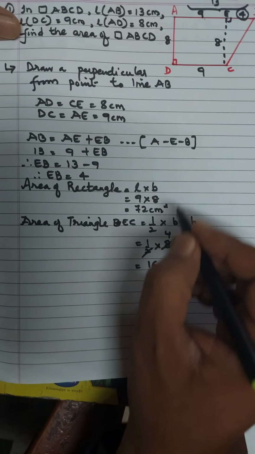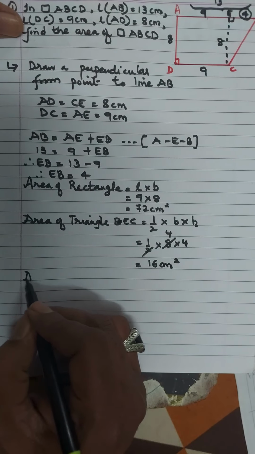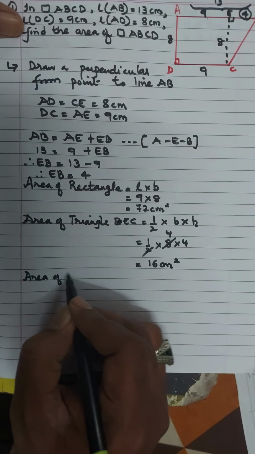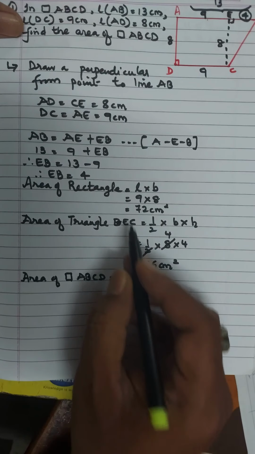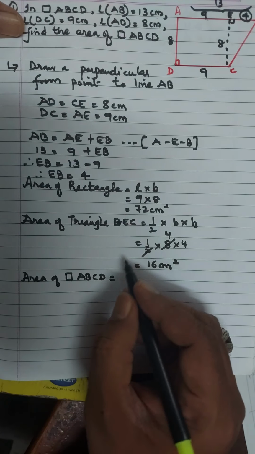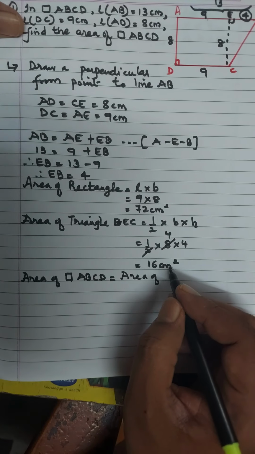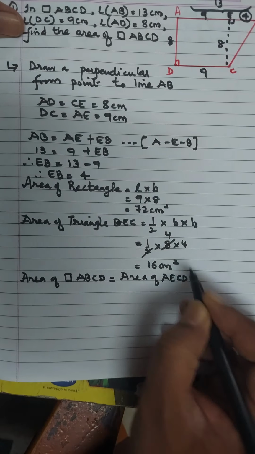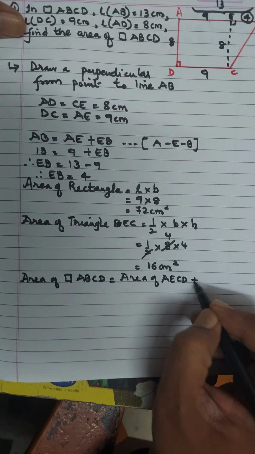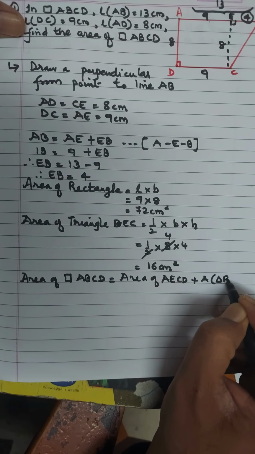Now the area of the entire quadrilateral ABCD. In ABCD, we need to add both of these, that is the area of AECD, that is the rectangle, plus the area of triangle BEC.